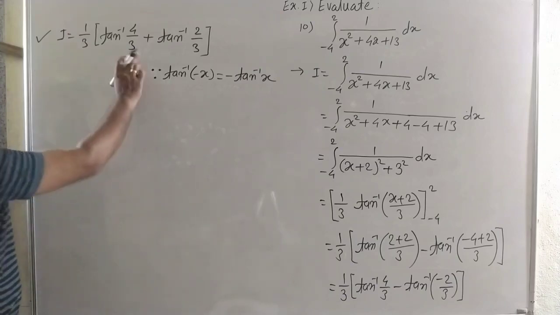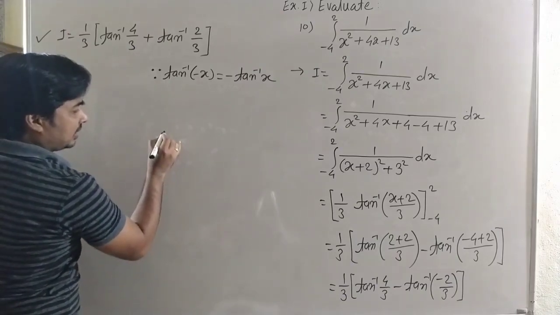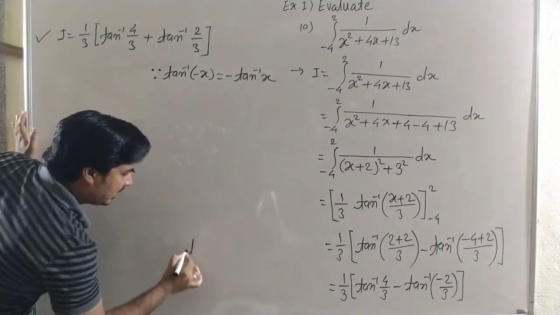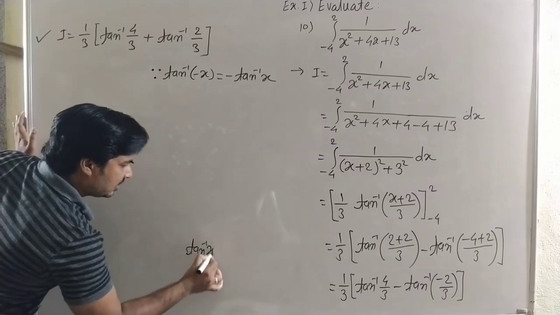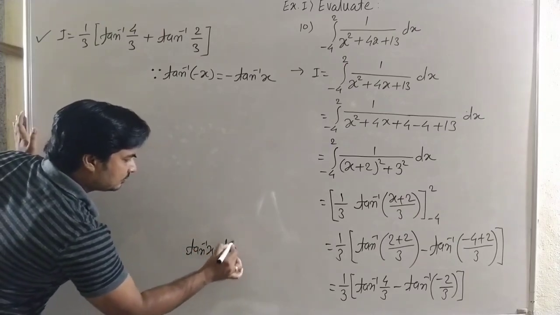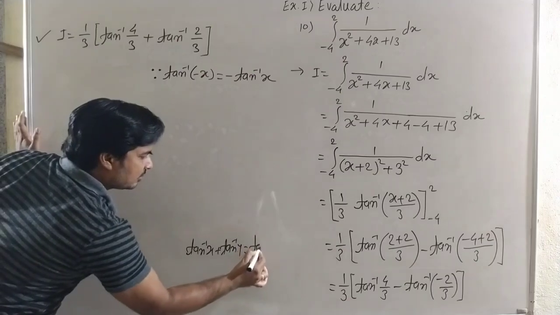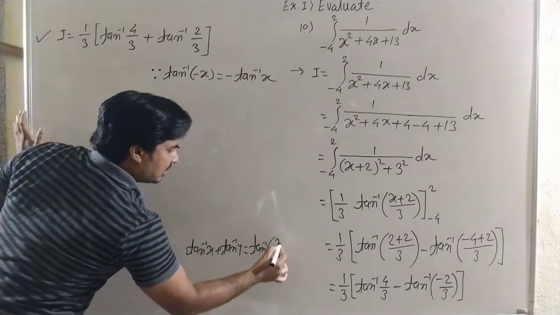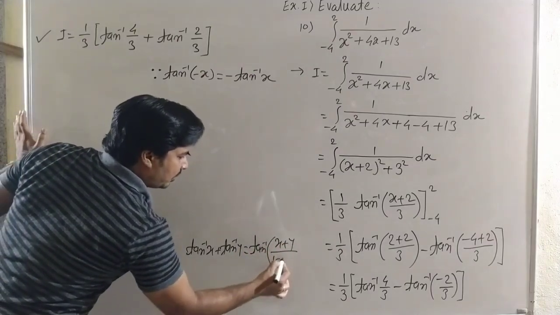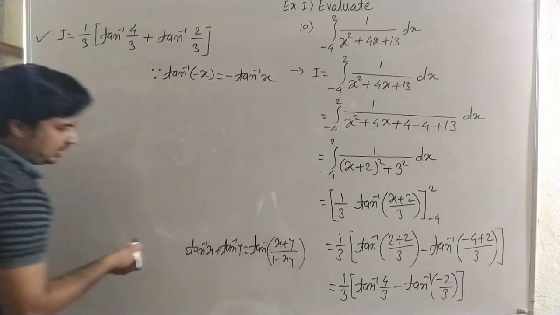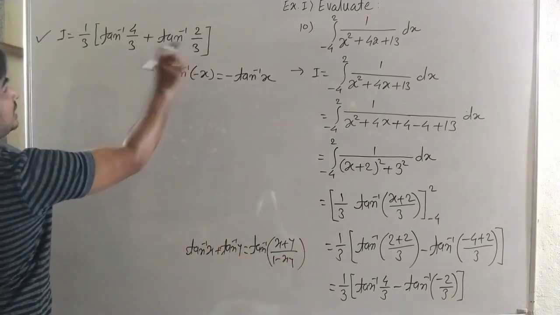It is sufficient for the board exam, but we know that tan inverse x plus tan inverse y is equal to tan inverse of x plus y upon 1 minus xy.